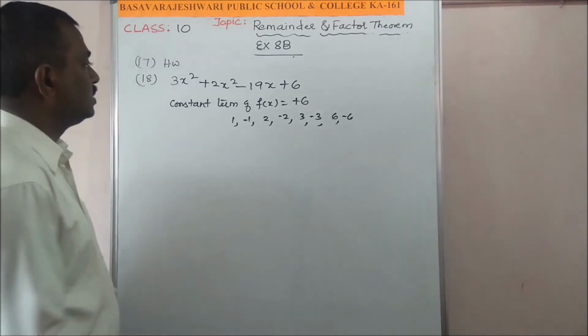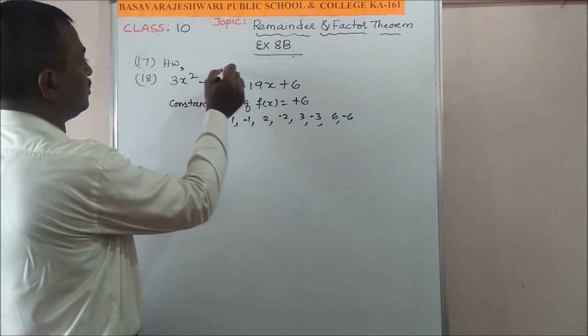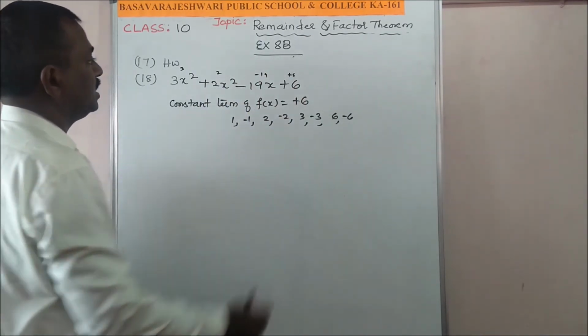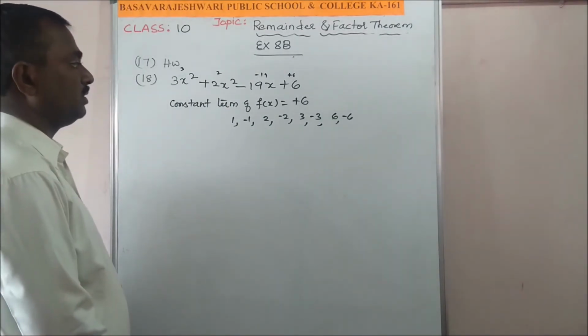Okay? So suppose if I take 1, this becomes 3, this becomes 2, this becomes minus 19, this becomes 6. So 6, 8, 3, 11. So it will not go.